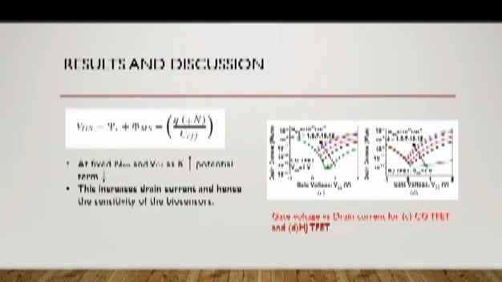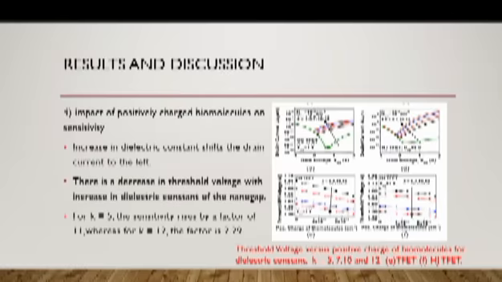At a fixed negative N_bio and VGS, as k increases, the potential term decreases, resulting in a corresponding increase in psi_s. This increases the drain current and hence the sensitivity of the biosensors.